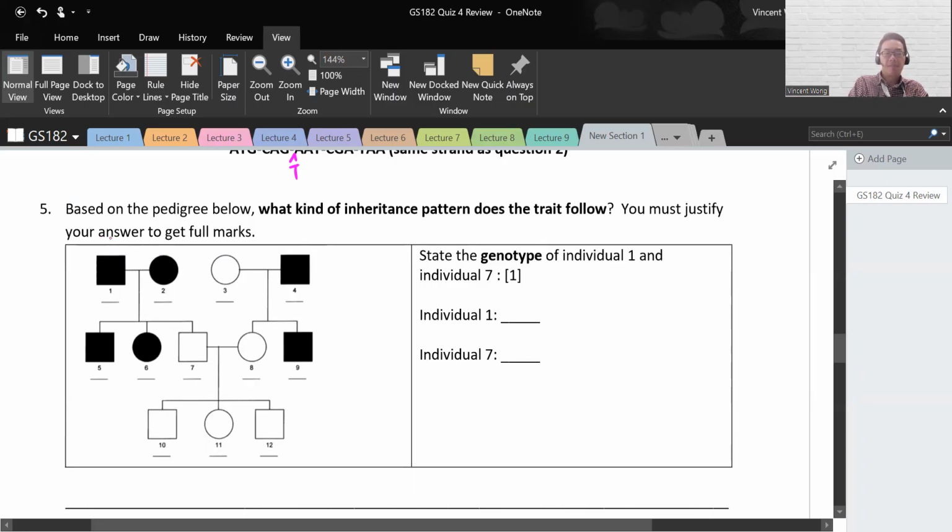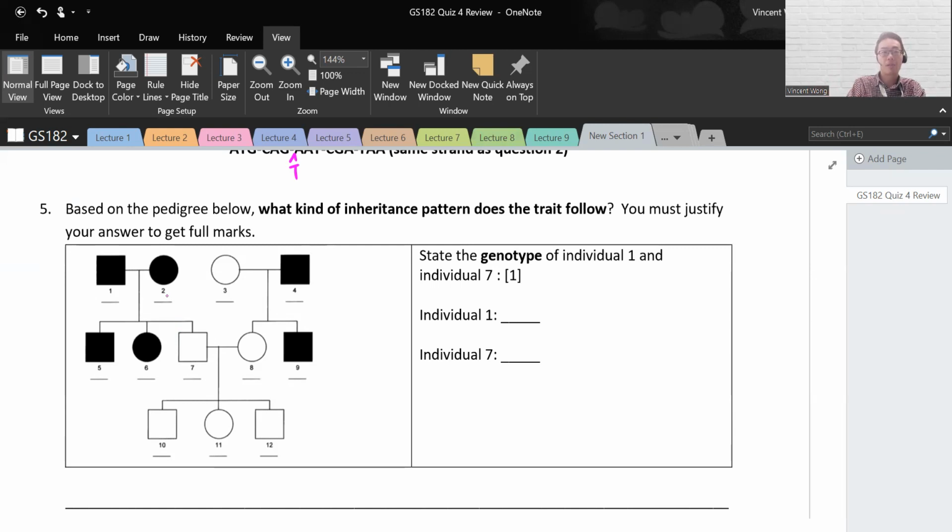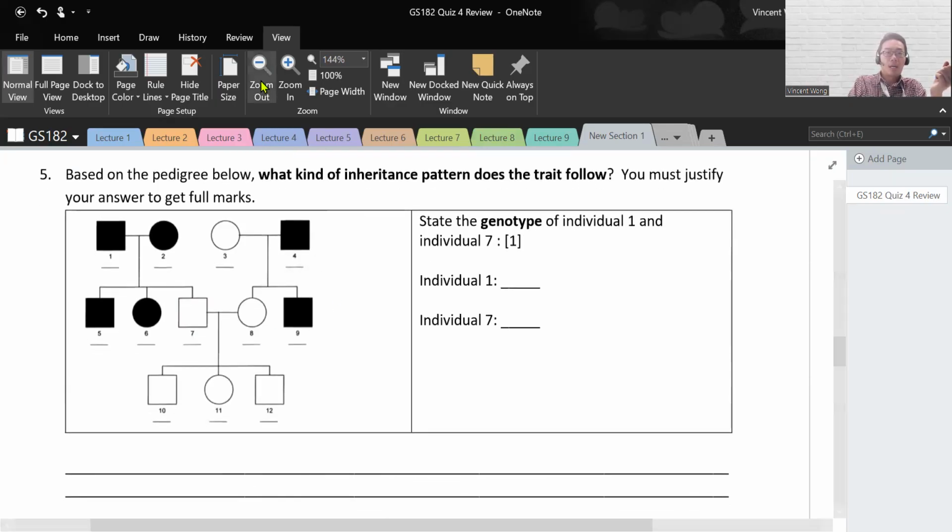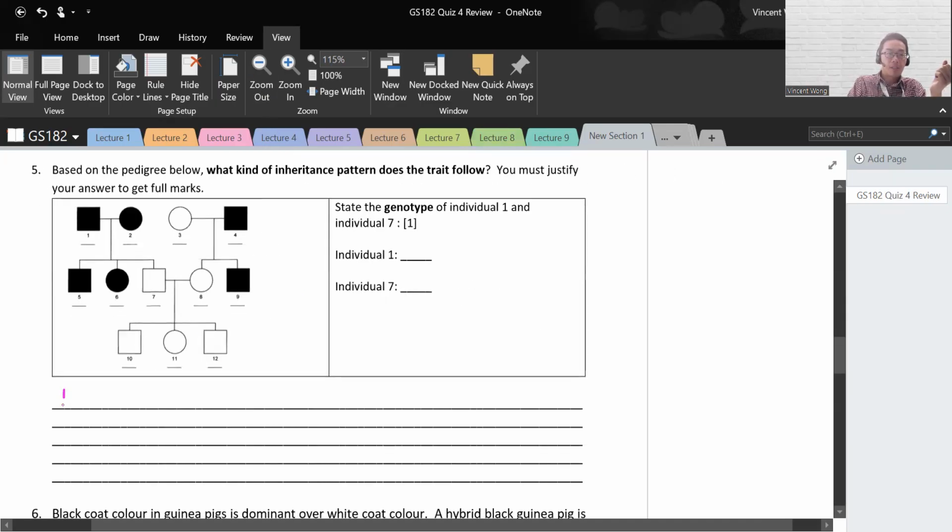So, in fact, in class we talk about how when both parents exhibit a trait and one of the children does not, that's a telltale sign that the inheritance pattern is dominant. Okay, so we will say this is a dominant trait.